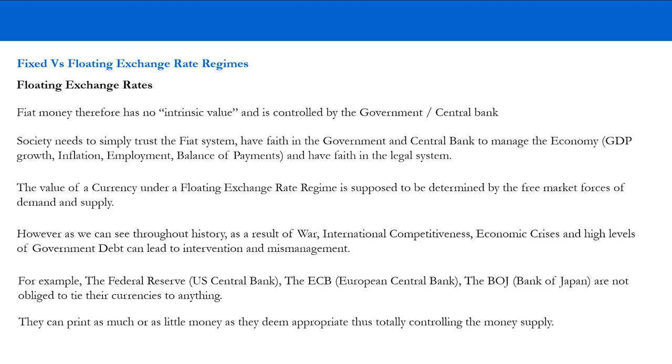However, as we've just seen throughout history, as a result of war, international competitiveness, economic crises, and high levels of government debt, these situations lead to intervention and mismanagement. And you have to bear this in mind. It's very important for currency markets overall, even in the modern world.